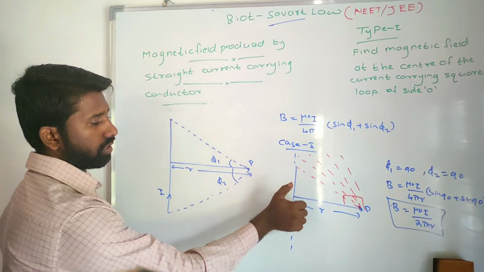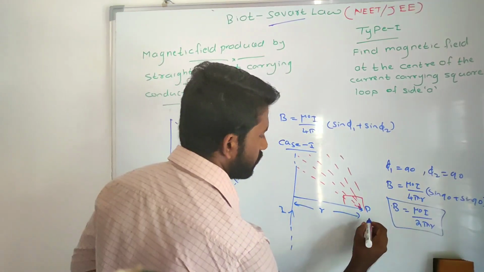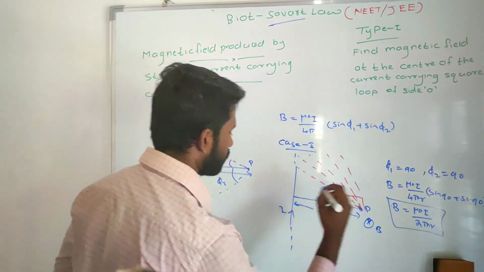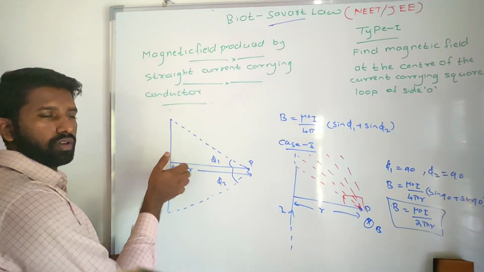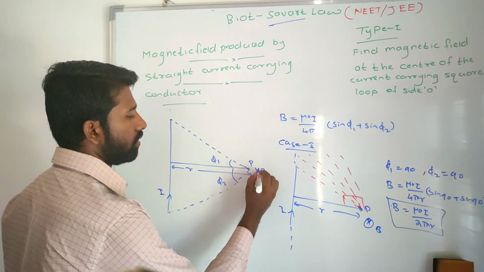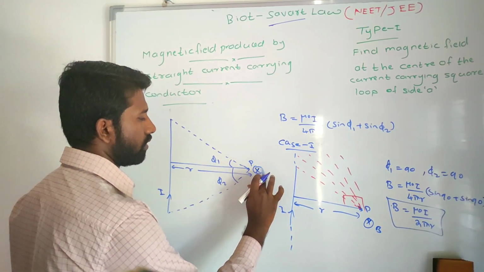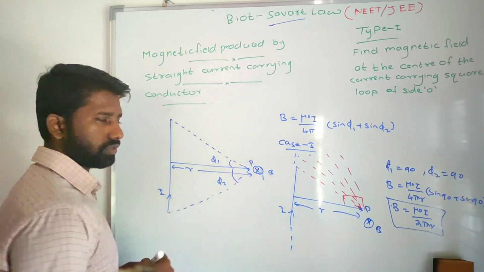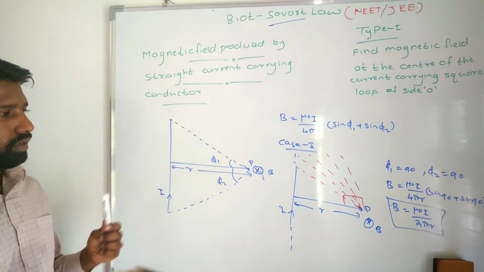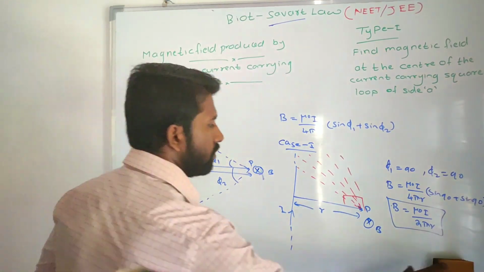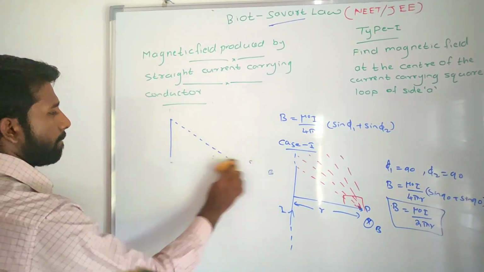That means here you will get the magnetic field direction into the page. This is the direction. Here also you can apply it. So the magnetic field B direction is like this, going into the page. Clear? Then next we will see another case.